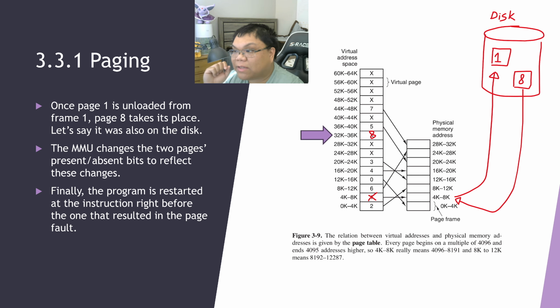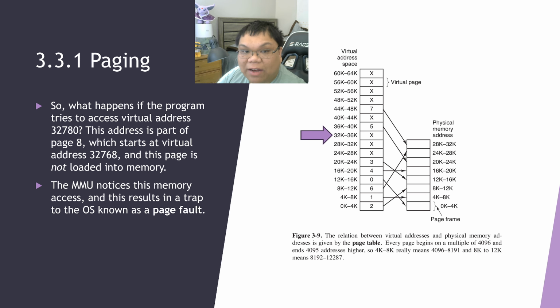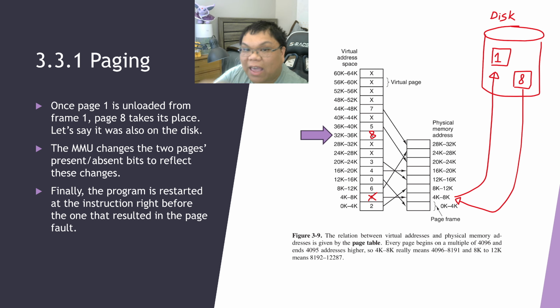So if the program was trying to access address 32780 and it couldn't, the operating system basically gets the program to try again. Now that it sees the page has been loaded into memory, it can proceed as normal.